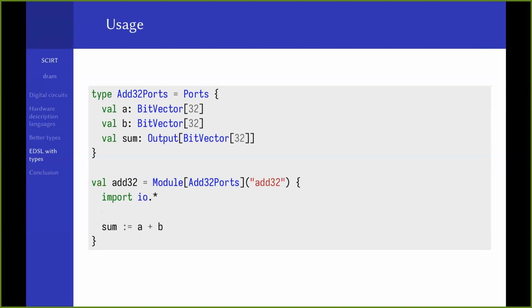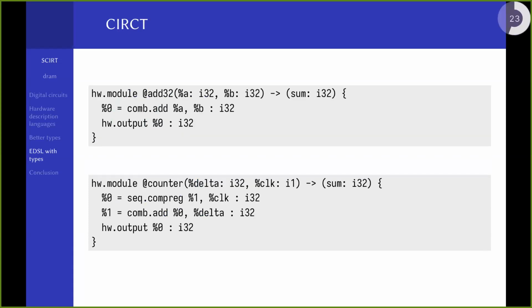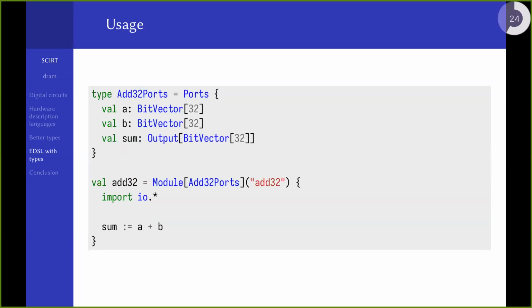So what we want to make it look like is, first, we can define the types in this manner. It actually looks quite like the circuit types, but it's written in Scala syntax, and the inputs and outputs are bundled together into a Ports type, and we're going to create a module with this Ports type.